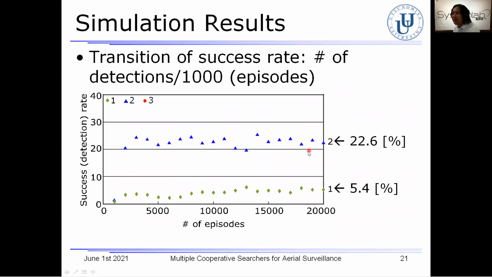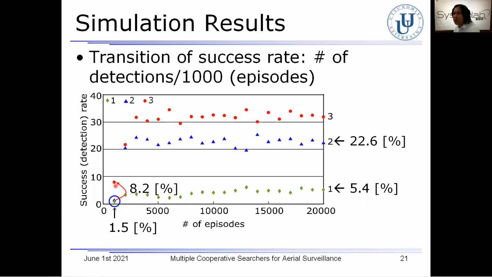Okay, while the final success rate under condition 2 was about 22%, the initial rate for the first 1,000 episodes was about 1.5%. This result was as low as the initial success rate under condition 1. In contrast, the initial success rate under condition 3 was increased to about 8%.